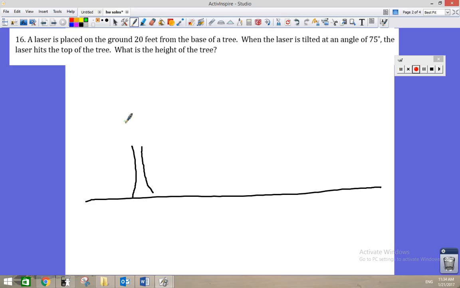So here's my pathetic looking tree. So here on the ground is my laser. I'm going to make it out a little bit further. Here is my laser, and my laser hits the top of the tree.